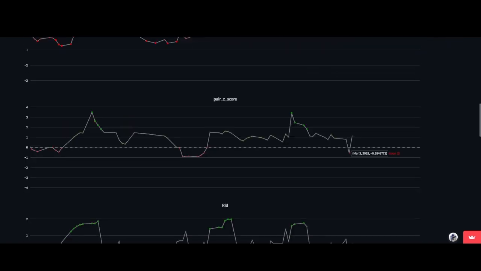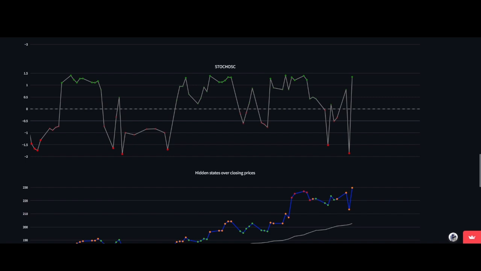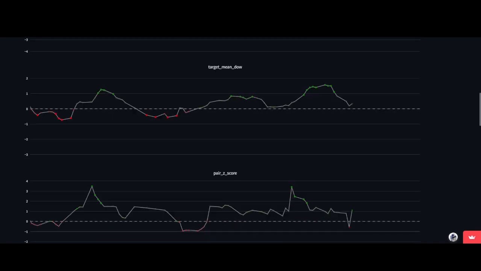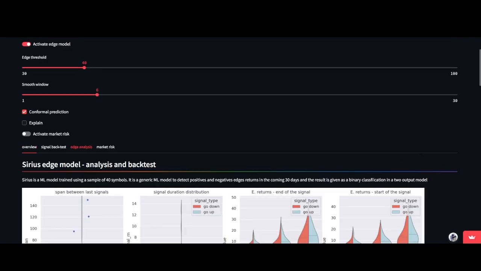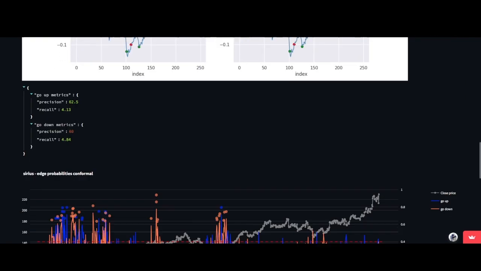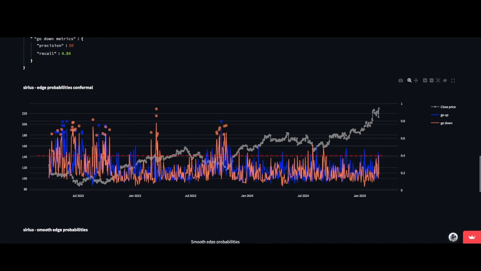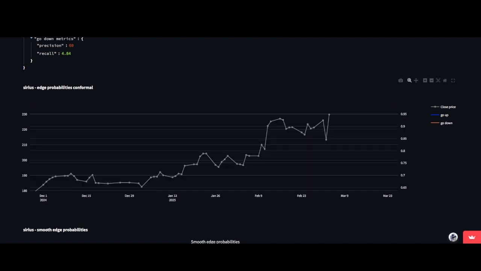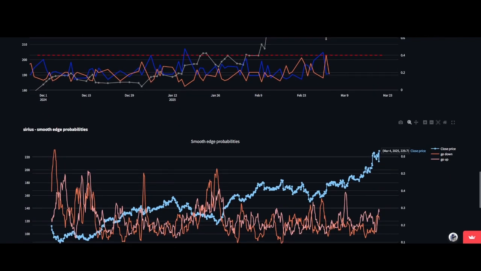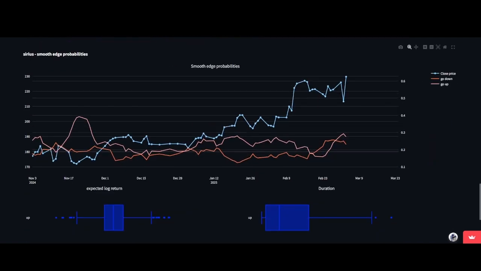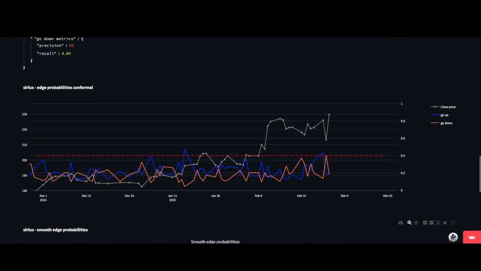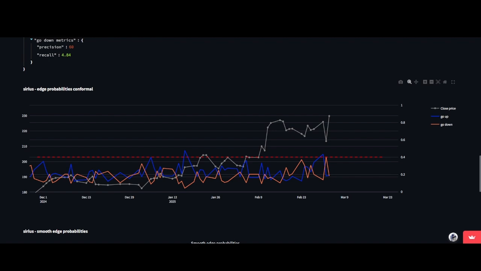Okay. Not too many strong signals, and it's a little bit far from weak signals. Let's see the probabilities. The power of going up is higher than the power of going down. Not bad.